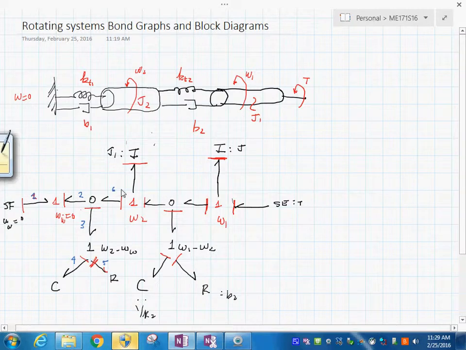This is a good number of bonds. Because we have this complete like this, we are able to create our block diagram from here.